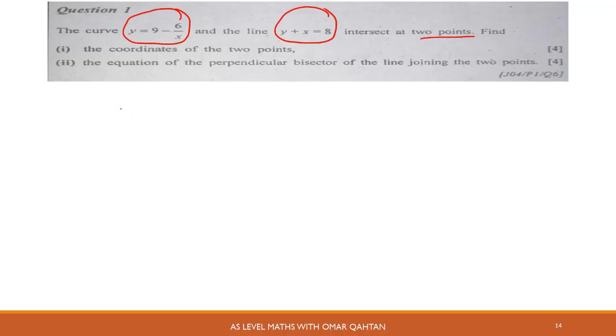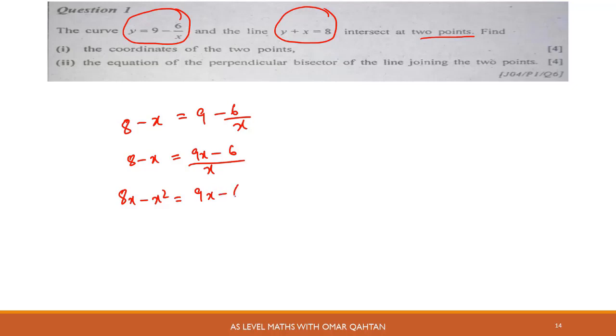So y equals 8 minus x, which will equal 9 minus 6 upon x, and we'll start solving it by taking 8 minus x equals (9x minus 6) upon x. Then 8x minus x squared equals 9x minus 6, so we have already converted our equation into a quadratic one.